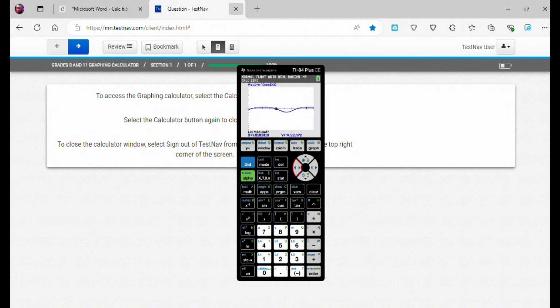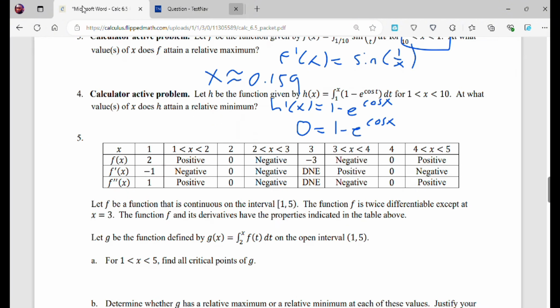I'm going to find the first one. First one is right here. Left bound, right bound, enter. 1.57. So x is about 1.570.